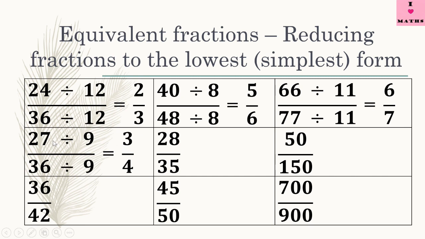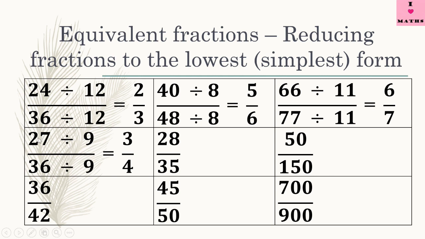That means 9 3s are 27. 36 divided by 9 is equal to 4. 9 4s are 36. So we have divided numerator and denominator, both of them, by 9. And the fraction which we have got, 3 upon 4, is in the lowest form. Why is it in the lowest form? Because 3 and 4 together come in only one table, and that is the table of 1.